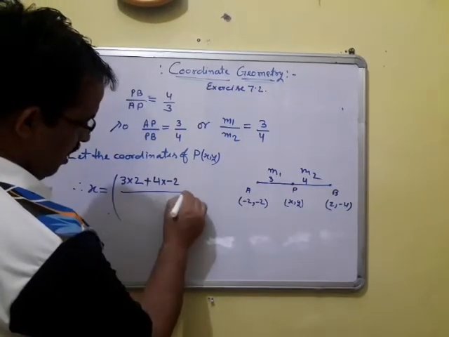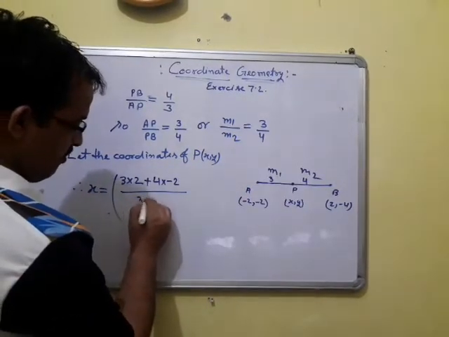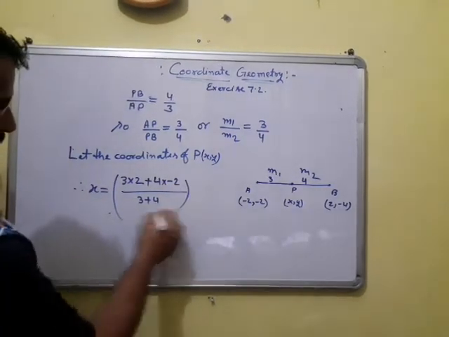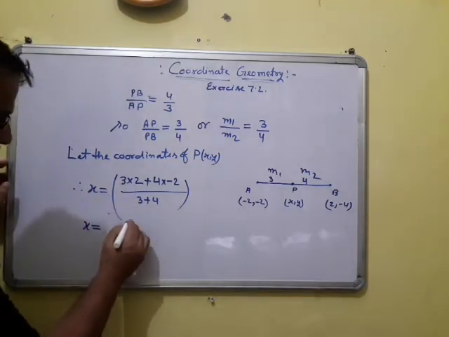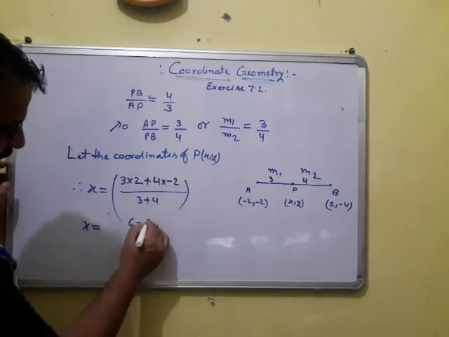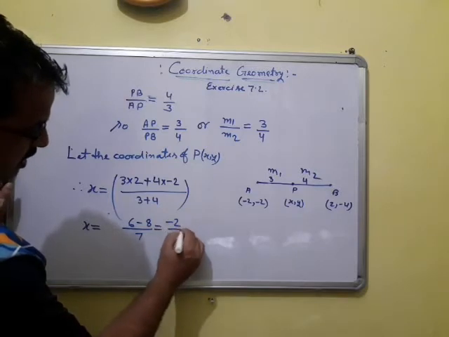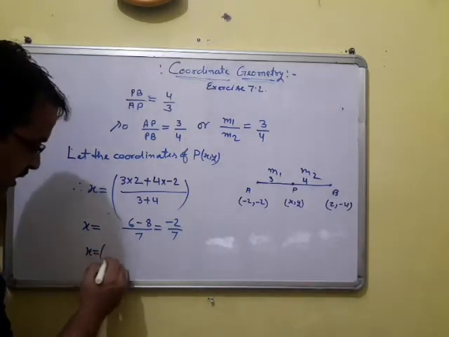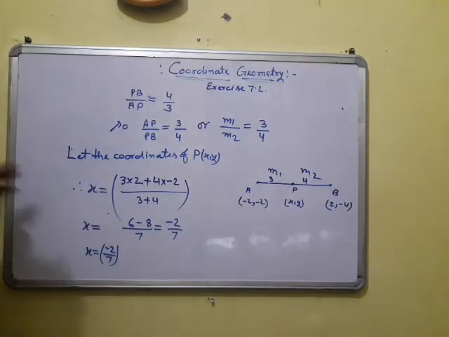Clear? Upon M1 plus M2, that is 3 plus 4. This portion is clear. Now solve this one. What do we get? 3 twos are 6 minus 8 by 7. So we get -2/7. The x coordinate here is -2/7. Clear?